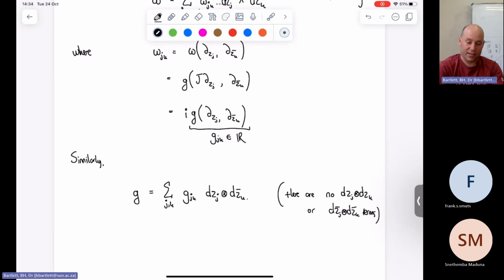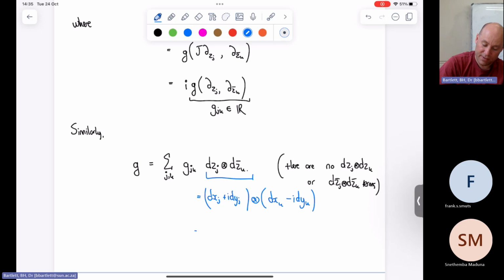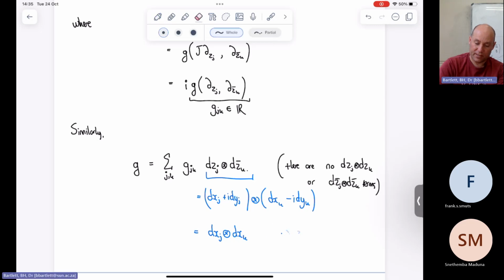Now, let's just do this little calculation here, because I'm clearly getting confused. Let's just calculate this here. So this is, by definition, dxj plus I dyj tensor dxk minus I dyk. And if I write that all out, I can't now say that something is 0. I have to write it like this.